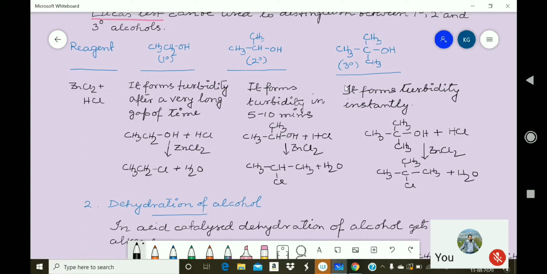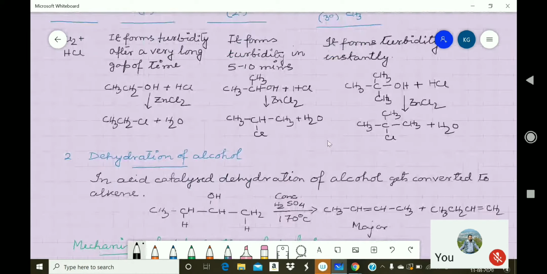And for tertiary alcohol, the turbidity is formed instantly, because tertiary alcohol is the most reactive among 1 degree, 2 degree, and 3 degree alcohol. So from the ease of turbidity formation, we can predict which one is 3 degree alcohol, which one is 2 degree, and which one is 1 degree alcohol when treated with Lucas reagent.